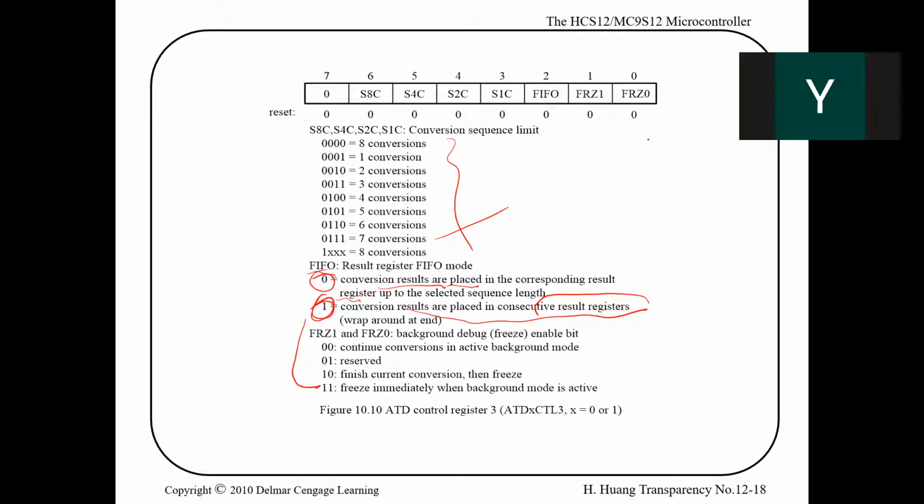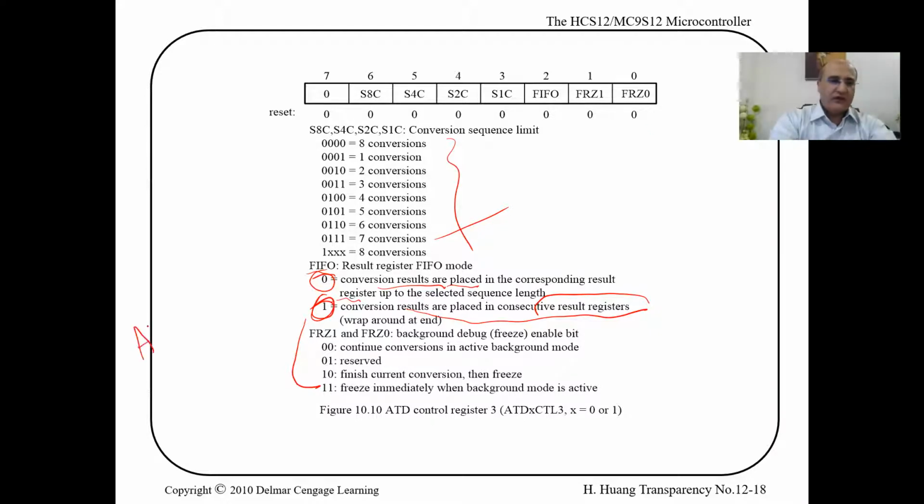Okay. So when we set this register, A to D0 control register 3, let's do one conversion in our case. Let's do one conversion to ease into it. So one conversion is, this is 0 by default, 0, 0, 0, 1.